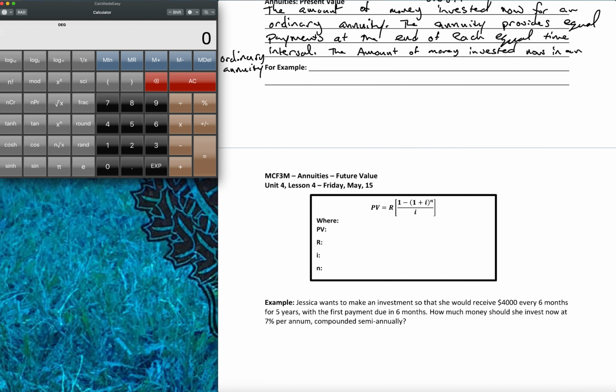For example, a lottery, this might put it into better terms for you, may pay out over time rather than in one check.